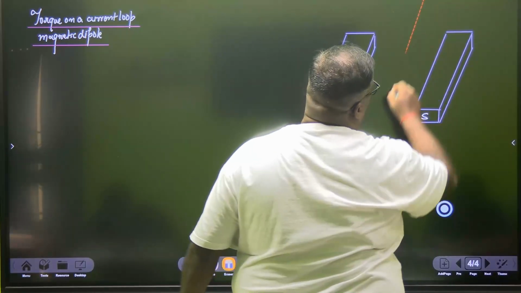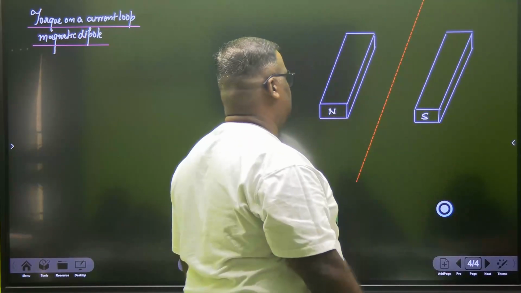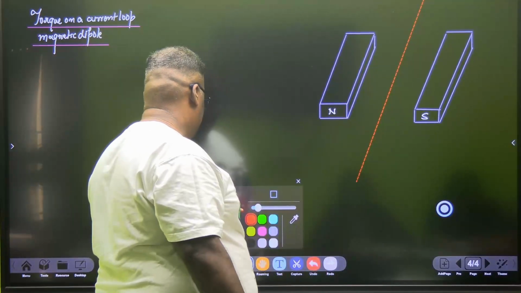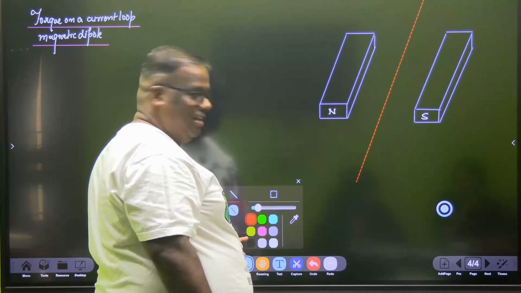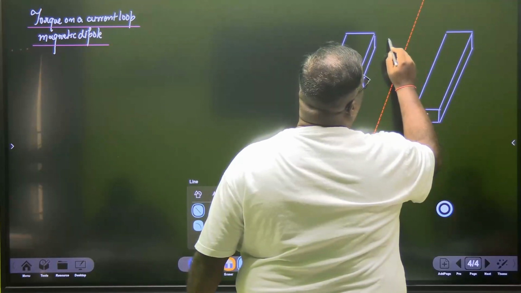So that's my axis. And then I'll make my loop.